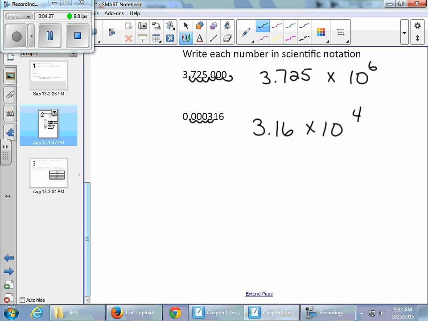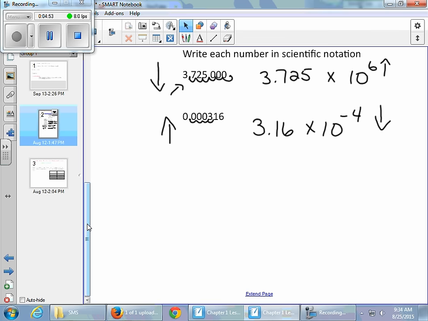So when the number becomes bigger, our exponent is negative. As you saw on the top, we made that 3,725,000. That number went down, so this number went up, became positive. This number went up, so this number goes down.